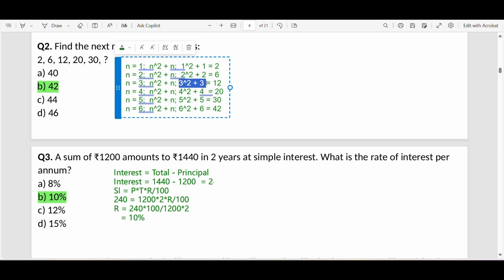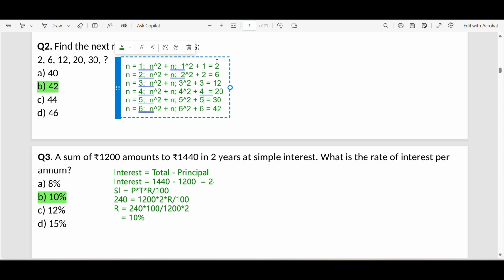So 3 square plus 3 will be 12, as 3 square is 9 plus 3 will be 12. And n equals to 4, 4 square plus 4. So 4 square will be 16 plus 4 will be 20, and n equals to 5. 5 square plus n, 5 square will be 25 plus 5 will be 30.